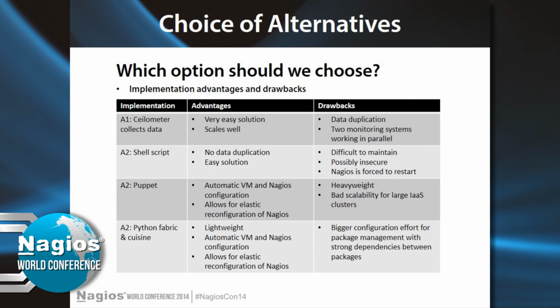This is maybe a smaller drawback, because Puppet is quite sophisticated in managing packages that depend on other packages, and it uses some hierarchical package management, and this is maybe an advantage of the Puppet configuration tool.